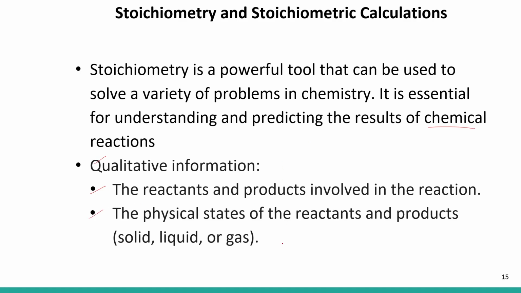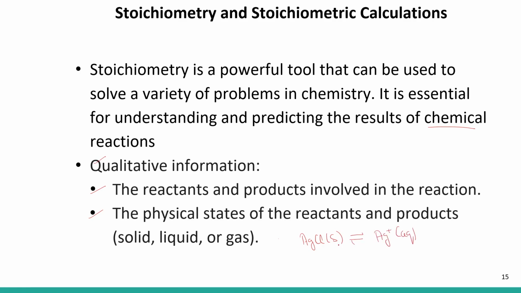Suppose a reaction is occurring like this. There's H2O. You can take another example also. Suppose we are taking AgCl, any other salt we can take, and we are dissolving it in water.